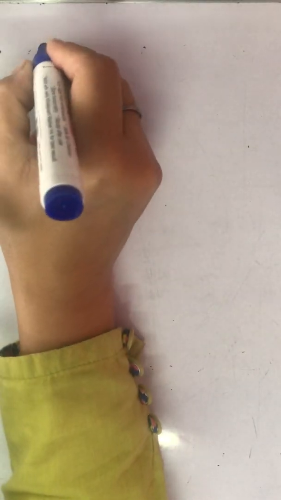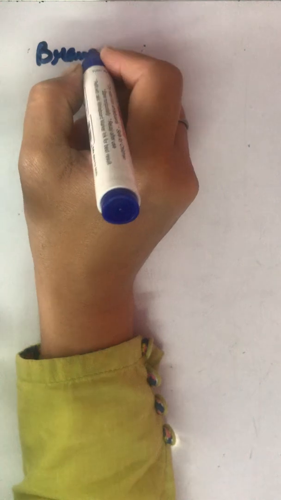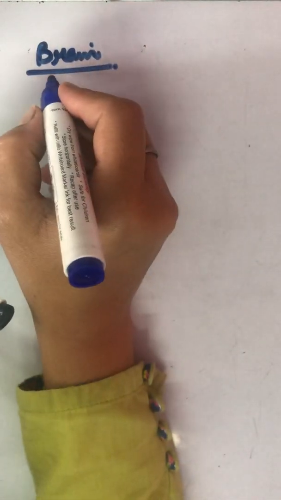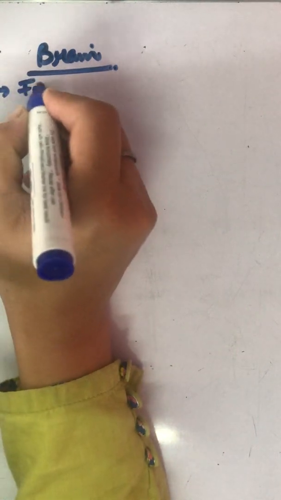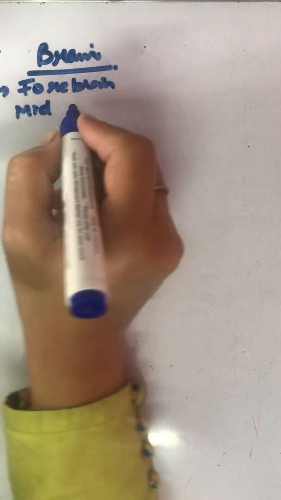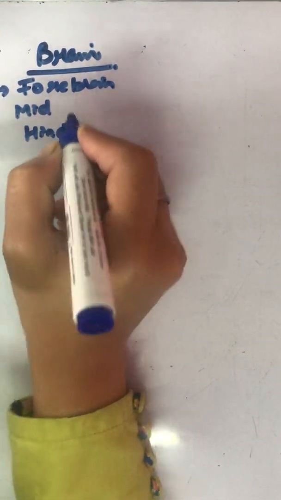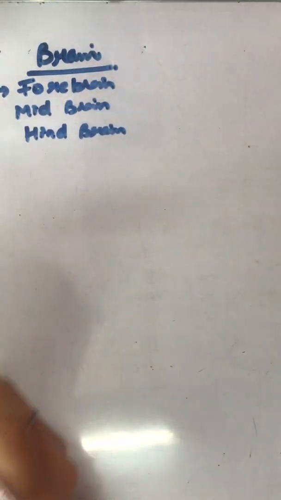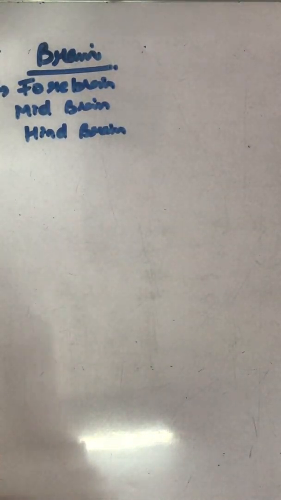Talking about the brain, as already shown in the diagram, it is divided into forebrain, midbrain, as well as hindbrain. Now, forebrain in detail.